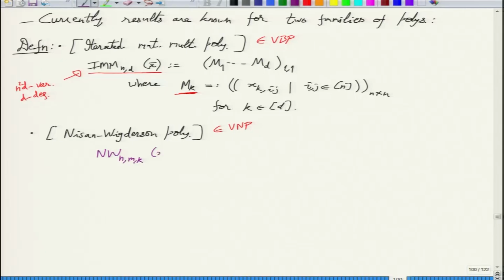But initial results were proved for this because the lower bound techniques are nicer here to analyze. So the way this is defined is there are three parameters n, m, k, and there are nm variables. So think of it as an n cross m matrix.